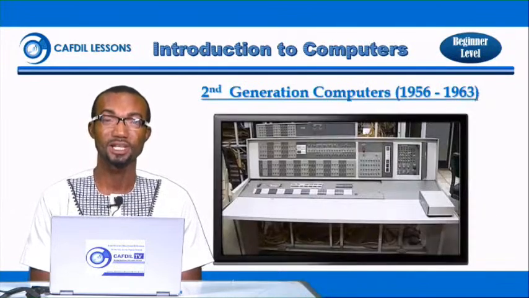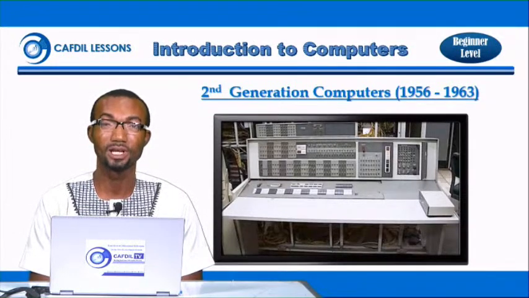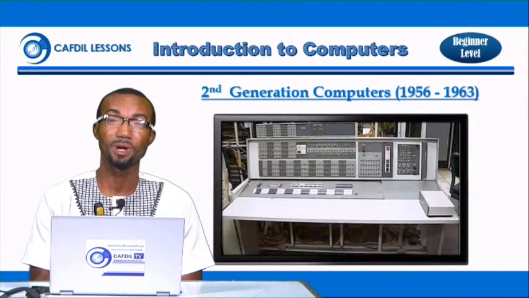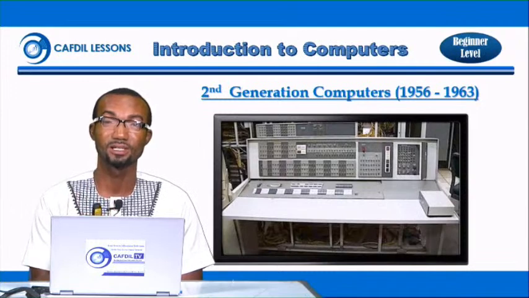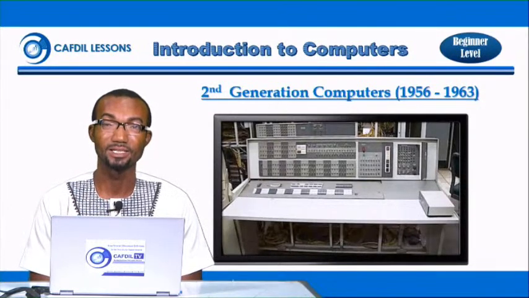Let's move on to second generation computers, and you see it on your screen. Second generation computers, how it looked like. And second generation computers came around 1956 to 1963.